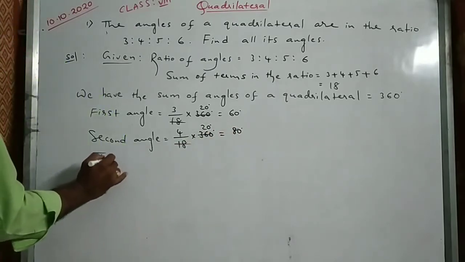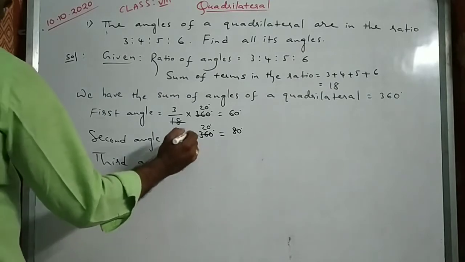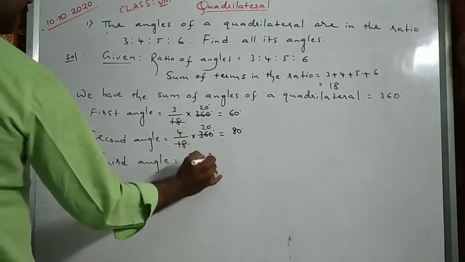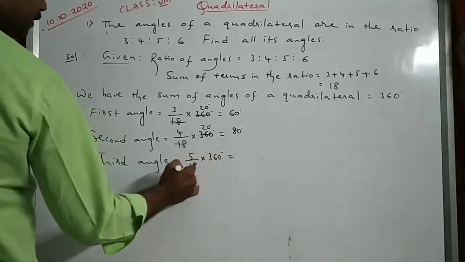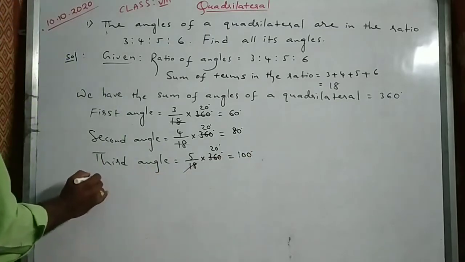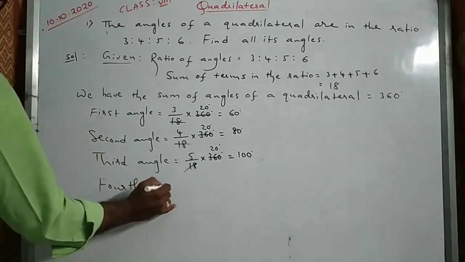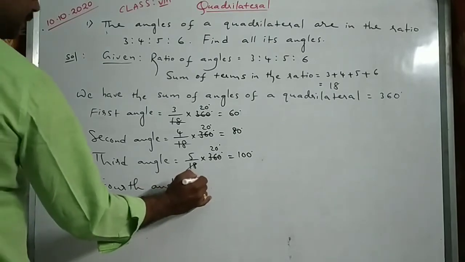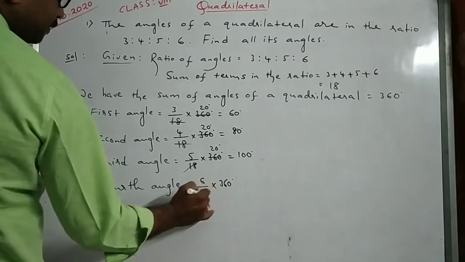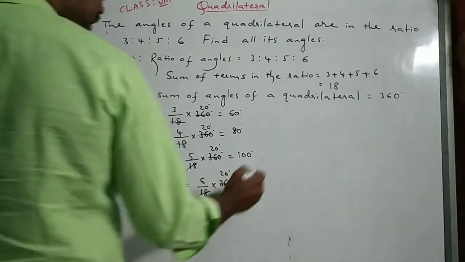Third angle, the third term is 5 by 18 into 360, so 100. Fourth angle, the fourth term is 6 upon 18 into 360, so 6 twos are 12, that is 120.